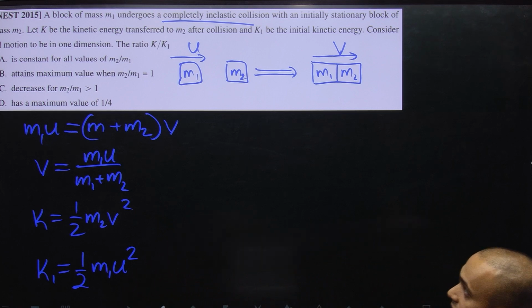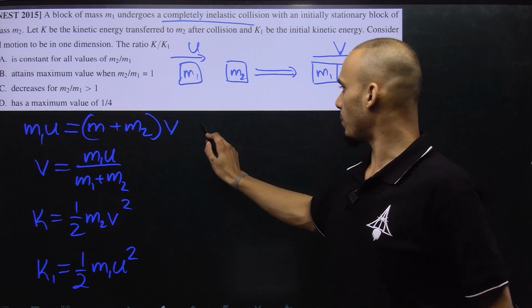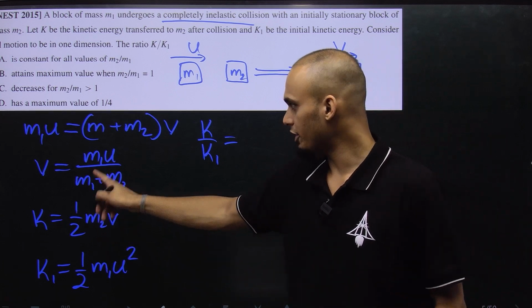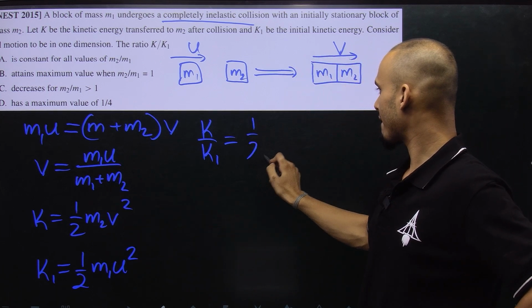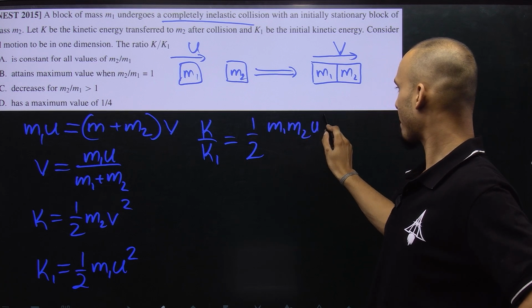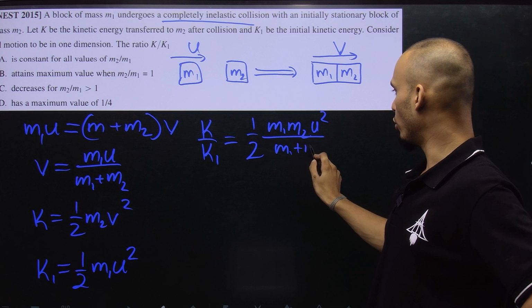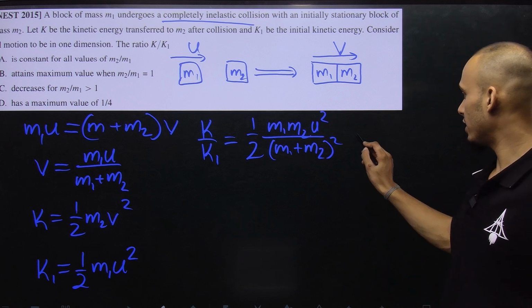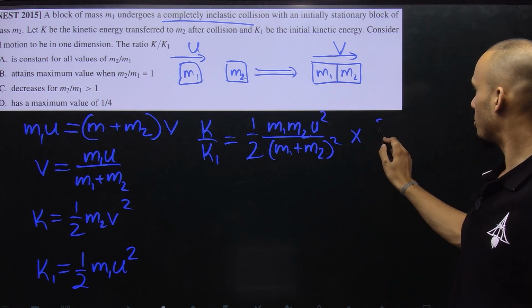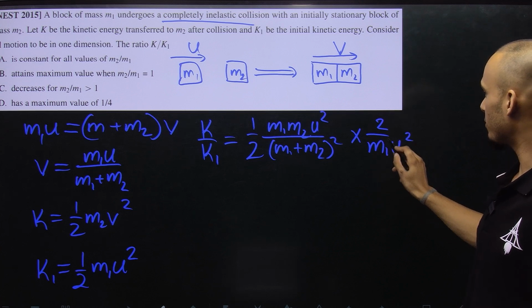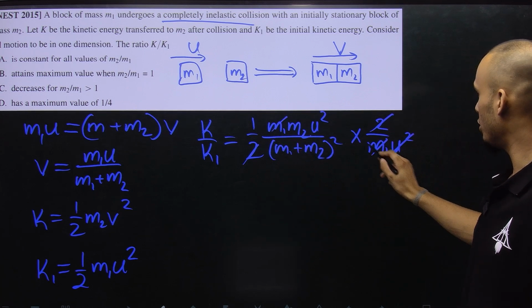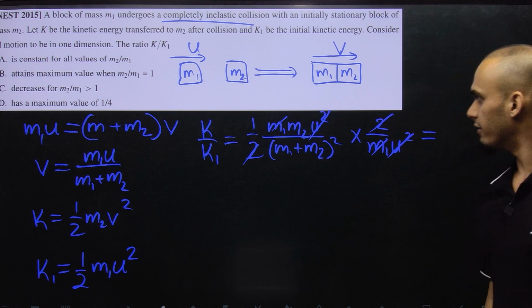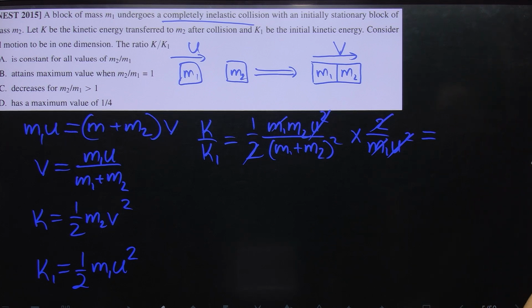Now the ratio k upon k1 will be given by half into m1 square m2 u square upon m1 plus m2 the whole square, upon half m1 u square, which we can multiply as 2 upon m1 into u square. 2 and 2 will get cancelled, m1 will get cancelled, u square and u square will get cancelled.